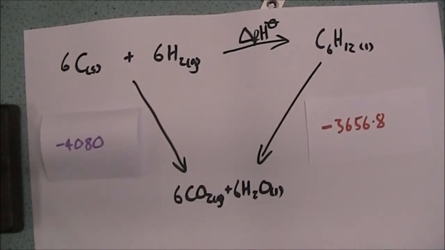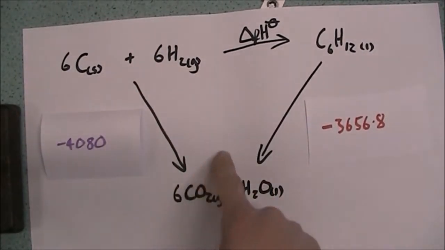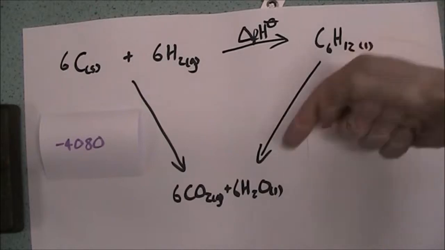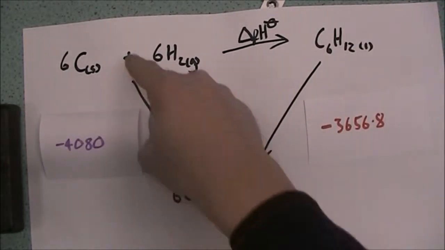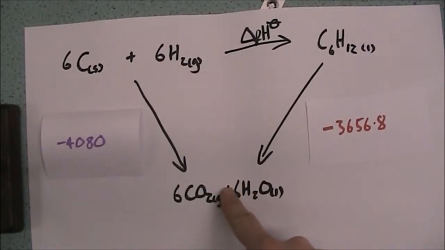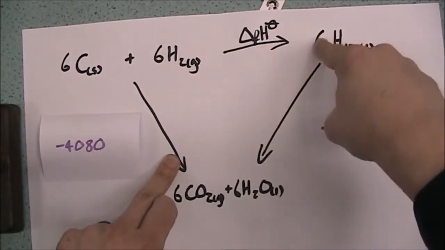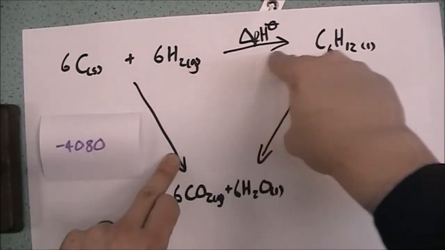Now this is where it gets a bit complicated. We are not going from here to here, because this arrow is actually going this way. What we're saying is that this route here from here to here is the same as this route here from here to here.